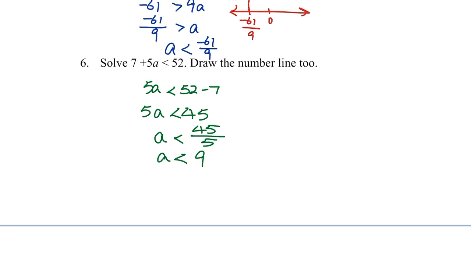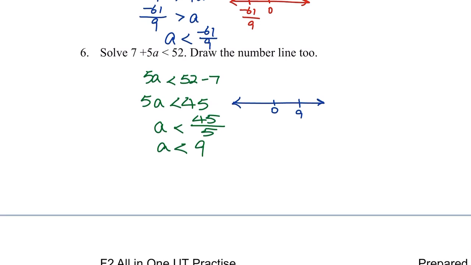Good. And then draw the number line. You have 0 in the middle. 9 is a positive number, so you put it on the right side. And then a is less than 9. Where is the less? To the left. No need to blacken because there's no equal sign.